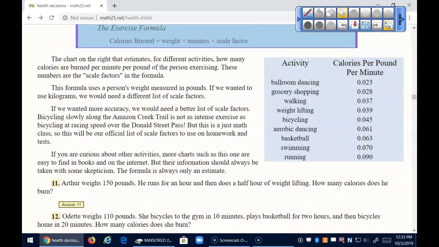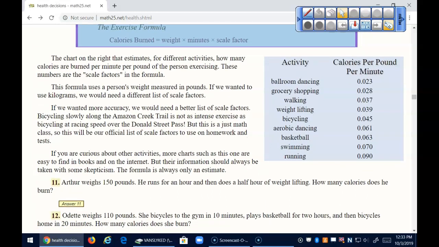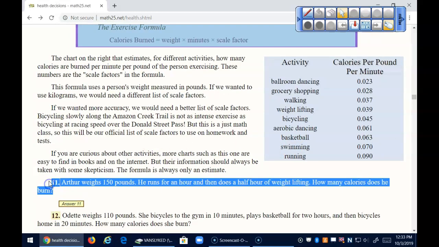Okay, so let's do one. Arthur weighs 150 pounds. Is this going to let me highlight? No. Okay, then I have to do that.